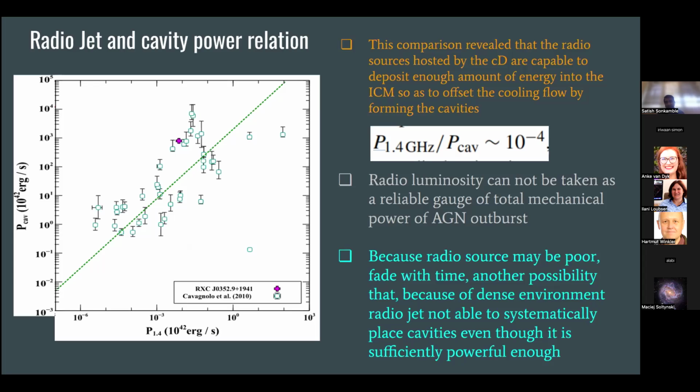One thing is that the radio luminosity cannot be a reliable gauge for the total mechanical power of the outburst, because the radio sources are poorly fed over time, and this shows recurrent AGN radio activity. Another reason is that sometimes, because of a dense environment, even though the radio AGN is sufficient to power it, it's not able to put cavities in the proper place. It could be another reason.